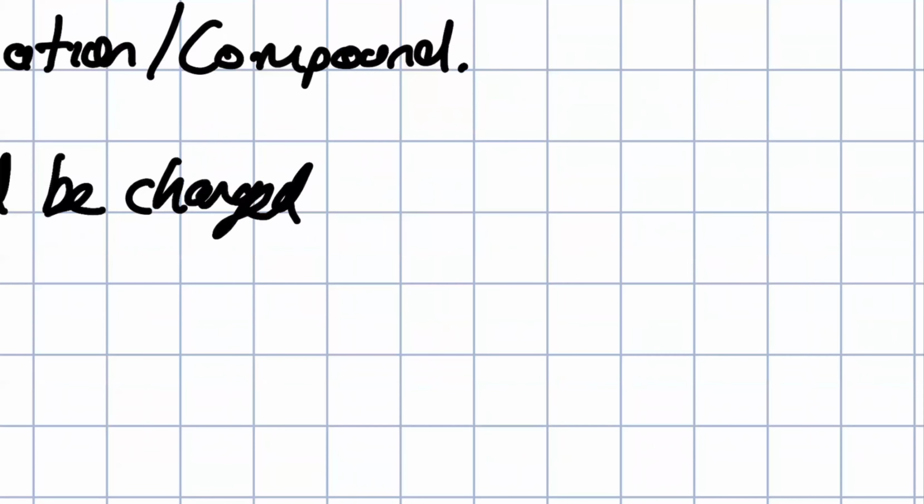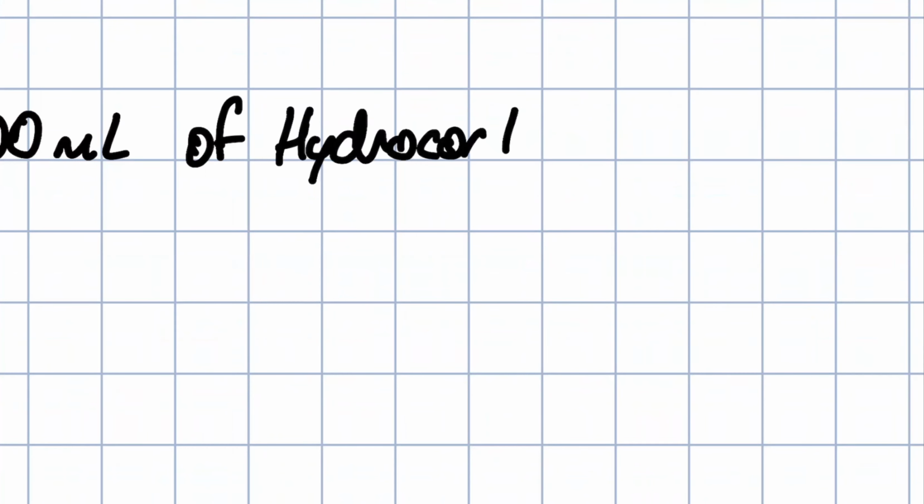How much should be charged for 100 mils of hydrocortisone? Two milligrams per mil.